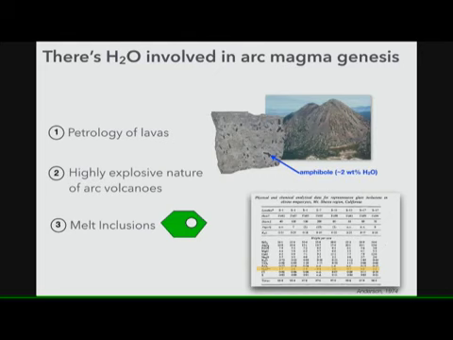We know that from the petrology of the lavas just by looking at the minerals that make up the lavas themselves. Here we're looking at amphibole in an andesitic rock. We're also very familiar with the highly explosive nature of arc volcanoes. And a large part of that has to do with the volatiles that they release during their eruption, which are in large part H2O and CO2.